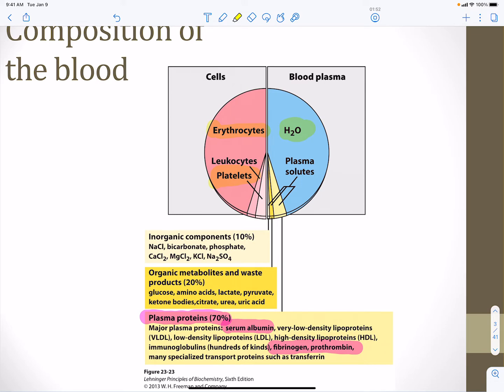And you're going to have the same electrolyte composition in your plasma as you would have in extracellular fluids. So plasma electrolytes equal your extracellular fluid electrolytes.